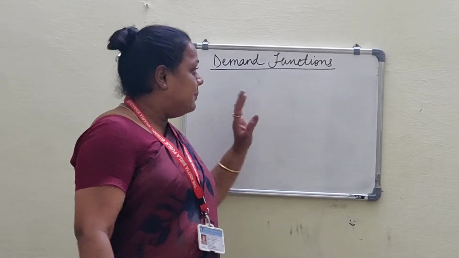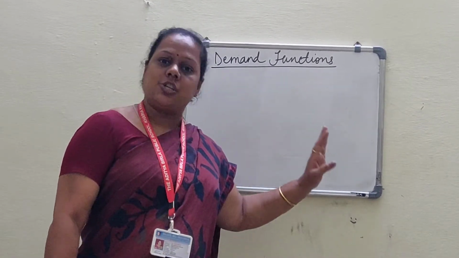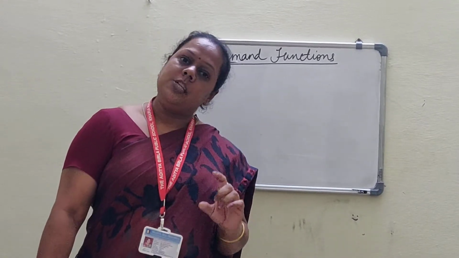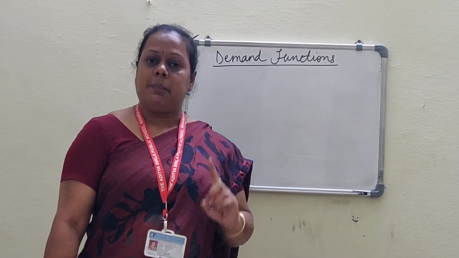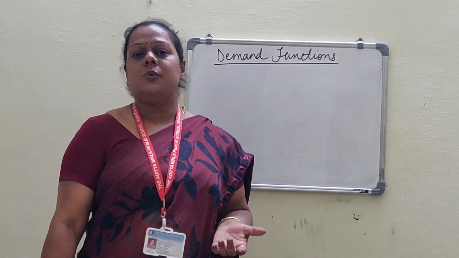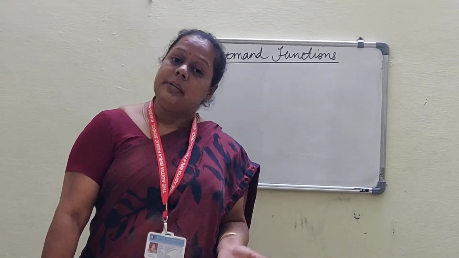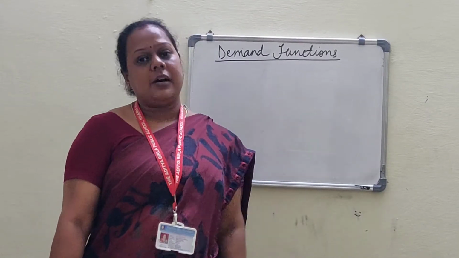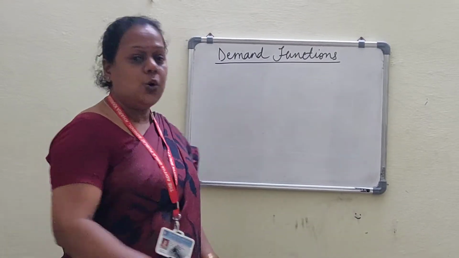Demand function is that function which tells us the specific things on which a person's demand is dependent. In other words, the determinants of the demand of one consumer are known as demand function.